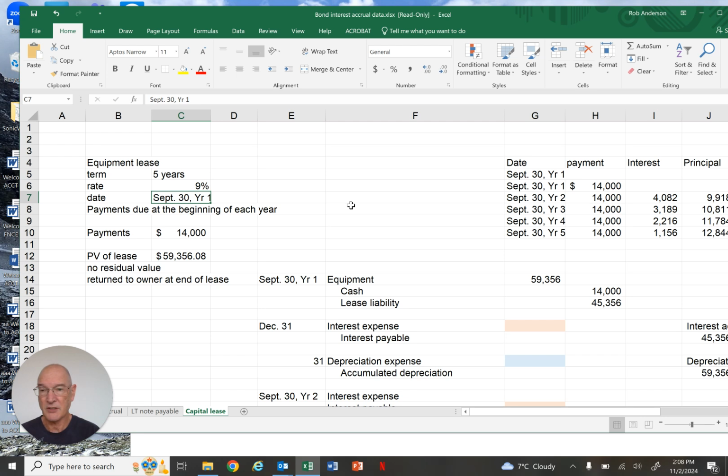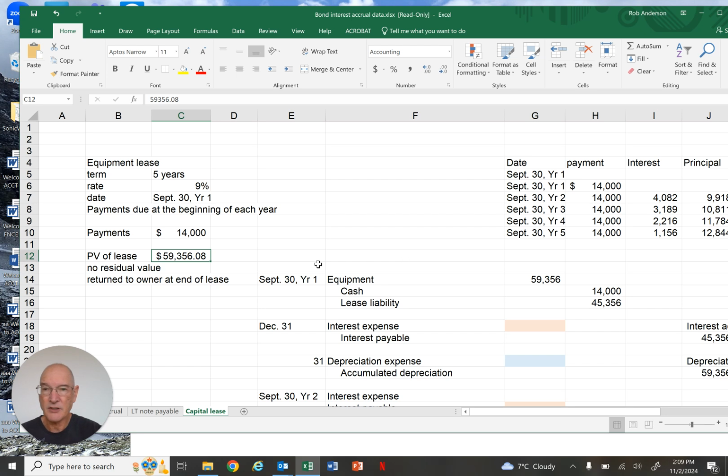Now, interest is a charge for money over time. So the first payment has no time. It's just like you signed the lease and you gave them, in this case, $14,000 right up front. There's no interest attached to that first $14,000 because no time has gone by. In this course, you do not have to calculate the value of the lease on your own. I'm just going to give you this value.